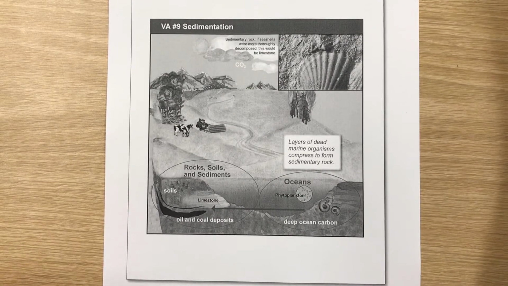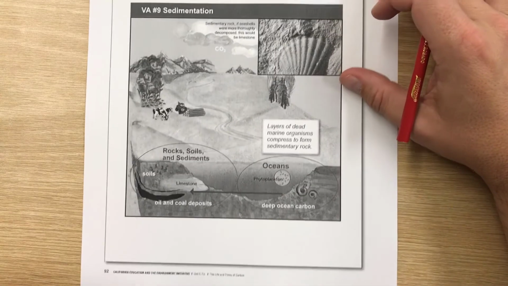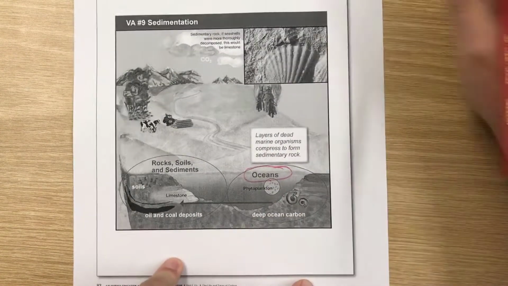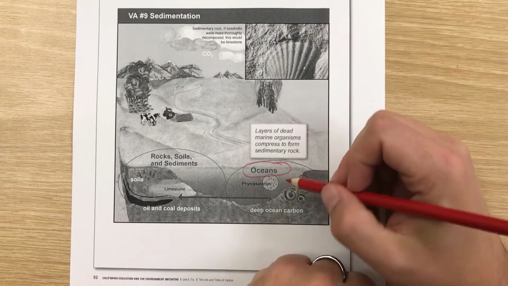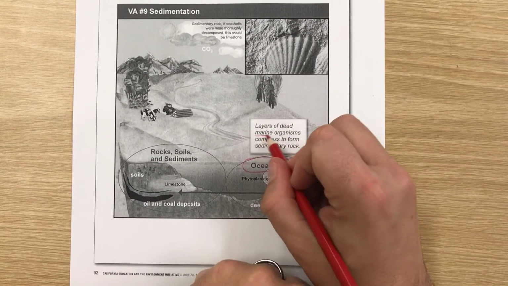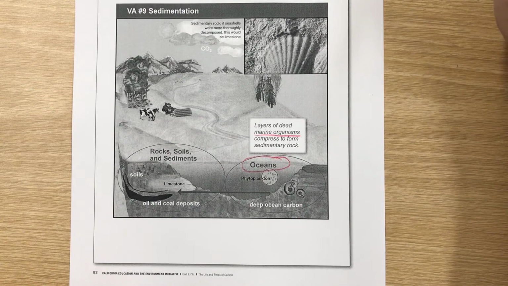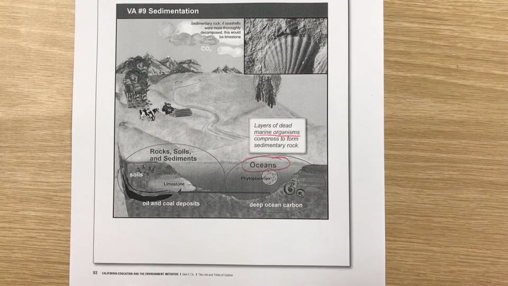Okay, the last process that we're talking about here is sedimentation, and you can see in this visual we have sedimentation going on in the oceans. And what you have is all these marine organisms, all these small microscopic marine organisms or larger organisms that have things like shells.